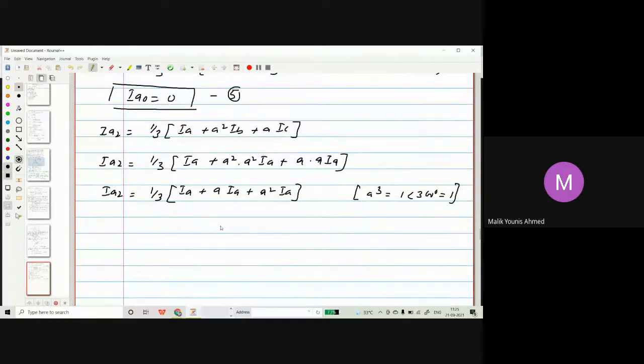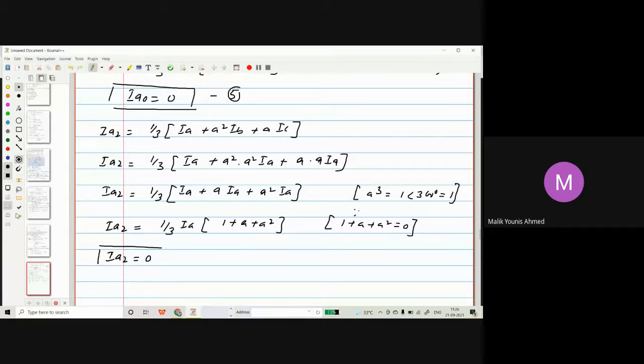So again, IA2 I can write as 1 by 3, IA taken as common, 1 plus A square. Again by this identity, 1 plus A square is equal to 0. We know this. So IA2 is also 0 in this case.